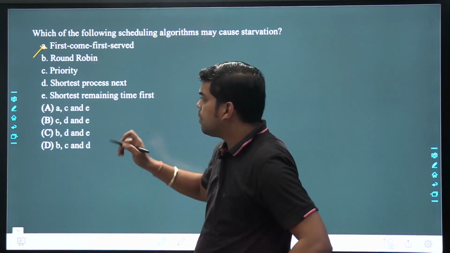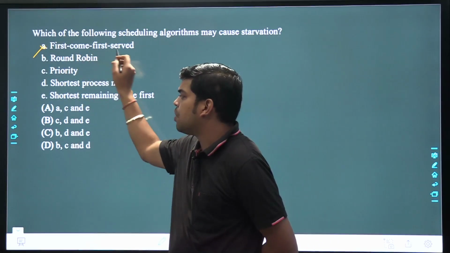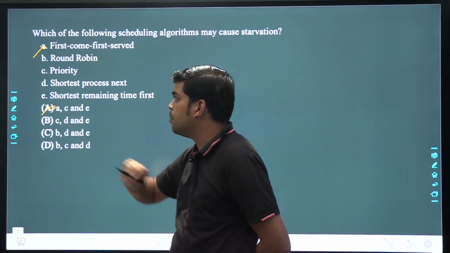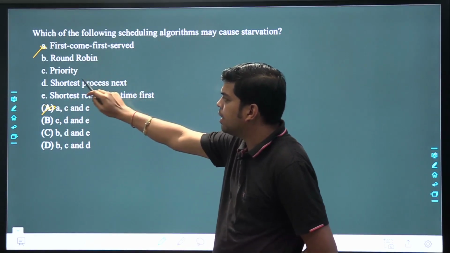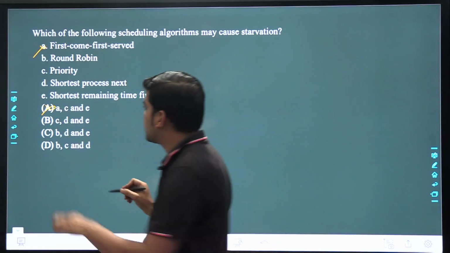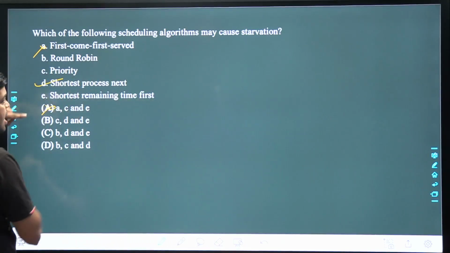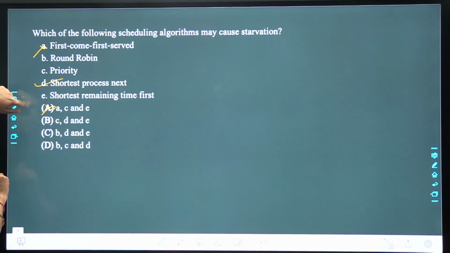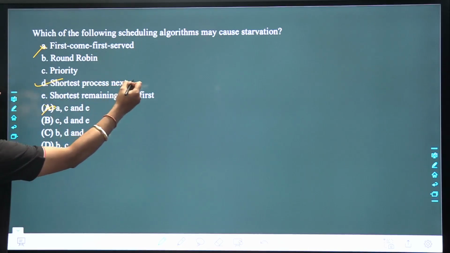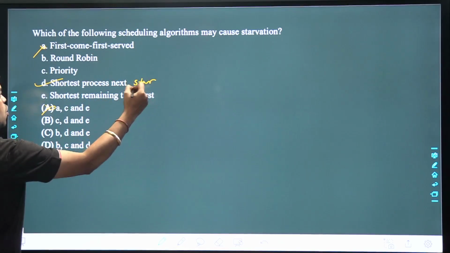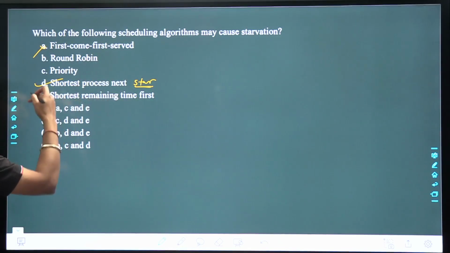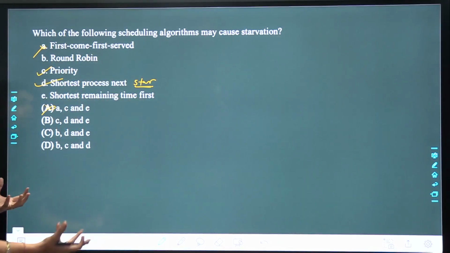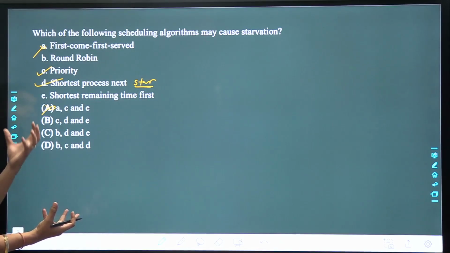Got it? According to the options, first come first serve is not possible, so A will be removed. Now round robin and priority, shortest process next: shortest process next can cause starvation, because if smaller processes arrive, then a large size process will wait for a long time. Priority can also generate starvation.